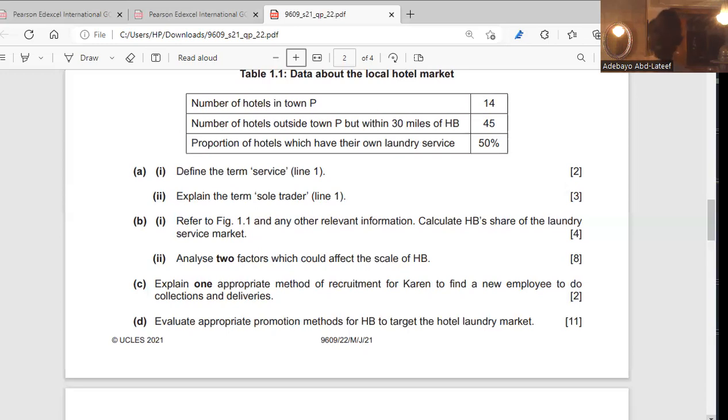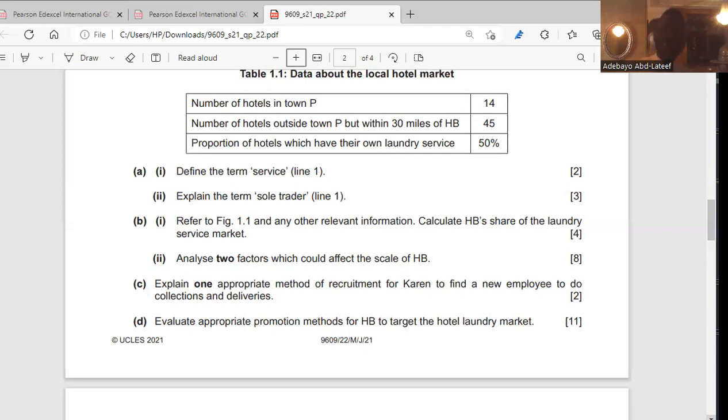Then the third point is enterprise. That is the ability and the willingness of Karen to exploit or explore any business opportunities available. Maybe Karen might think of finding other supply or customers, but this will take a lot of money to get done.